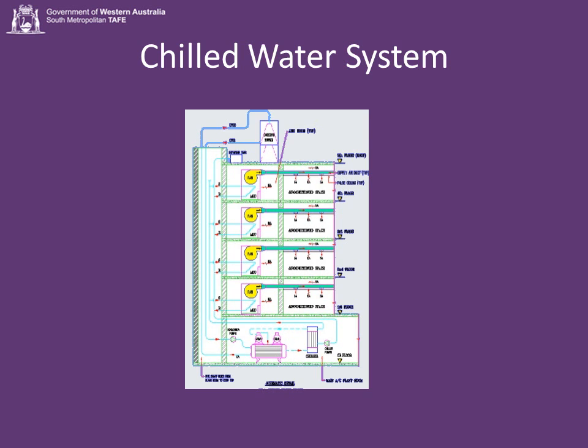Remember that water starts freezing around about 4-ish. It doesn't freeze until, well, about 0. But it starts getting kind of sluggish and thick around 4. So we don't want to get the water too cold.